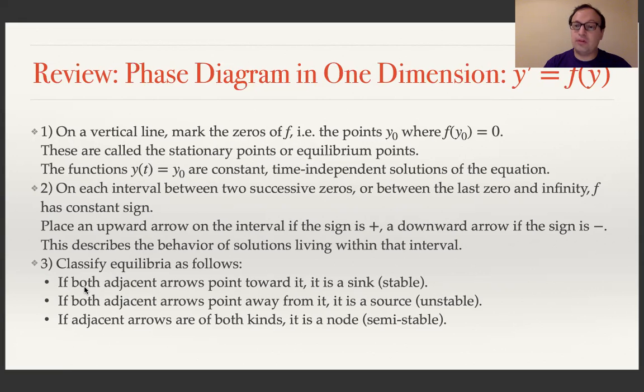And if one of the arrows points towards it and the other one points away from it, then it is called a semi-stable equilibrium or a node. With this, we have almost completely described the behavior of all solutions to our equation. So by looking at the phase diagram, we can understand the behavior of each solution without actually having computed it.